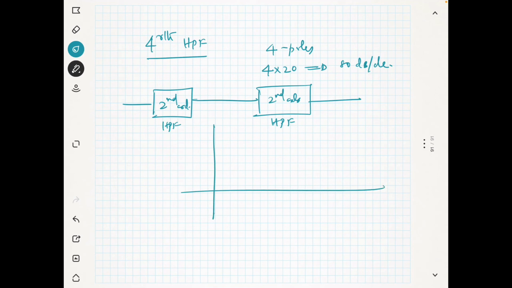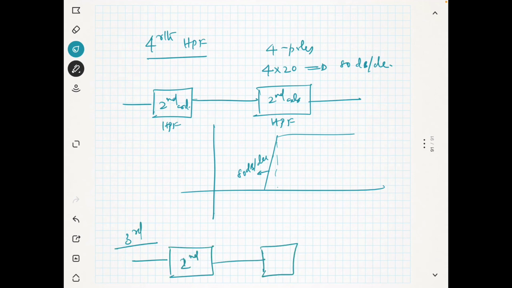So if you see the response of this, you will get a very sharp response. So this becomes 80 dB per decade. Now for the third order, it's very easy. You can use the second order and the first order, and you can use the same table. Okay, this is the third order. So I'm not going to discuss again all these things because it has the same procedure as that of the low pass filter design.